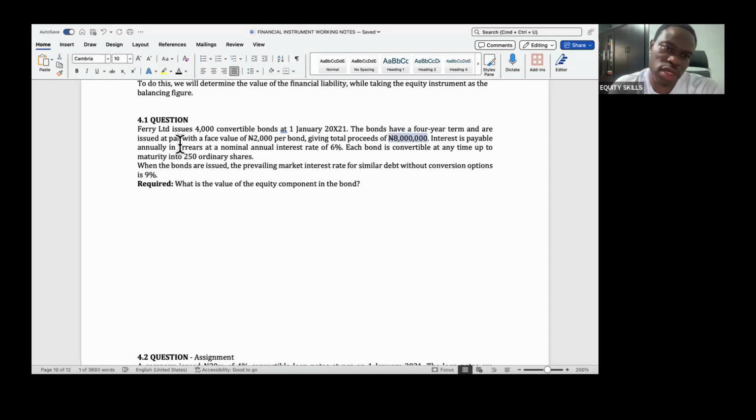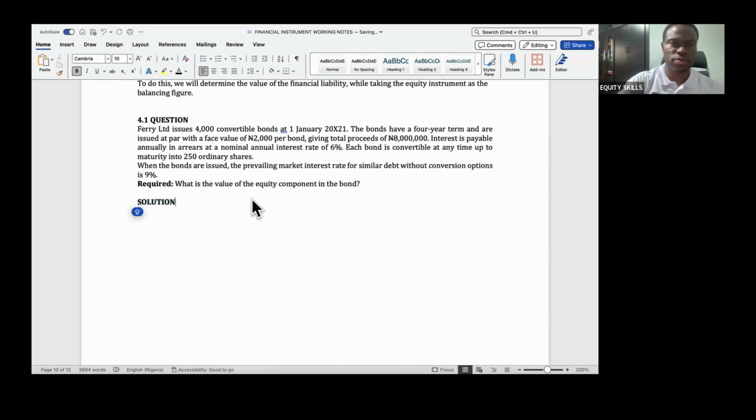Interest is payable annually in arrears at a nominal annual interest rate of 6%. Each bond is convertible at any time up to maturity into 250 ordinary shares. When the bonds are issued, the prevailing market interest rate for similar debts without a conversion option is 9% required. What is the value of the equity component of the bond? I will do much more than this for you so that you can see everything.